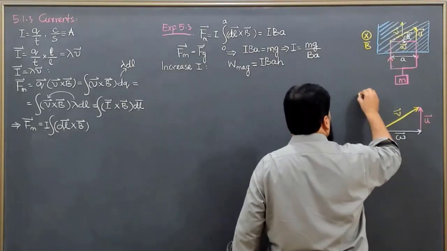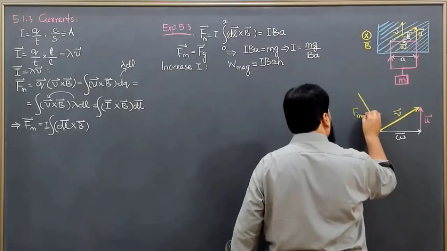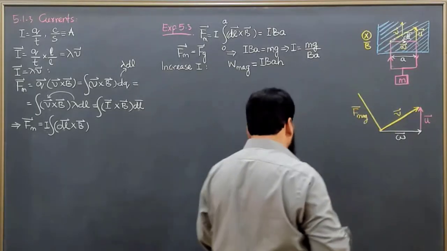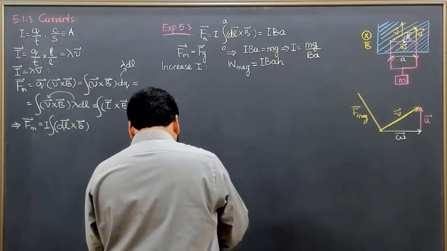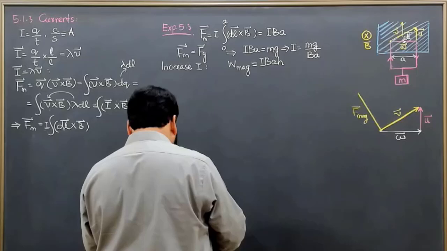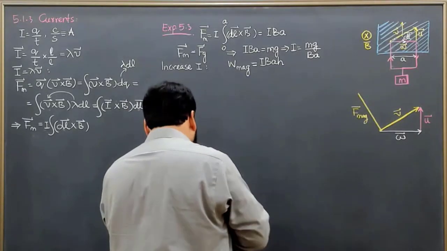So this is the F magnetic. For the charge q, I'm writing it in another form.